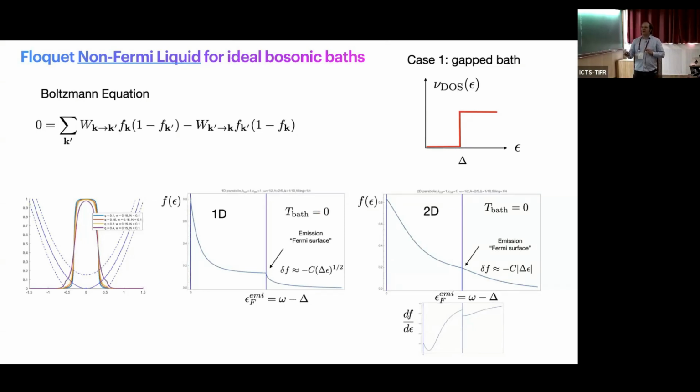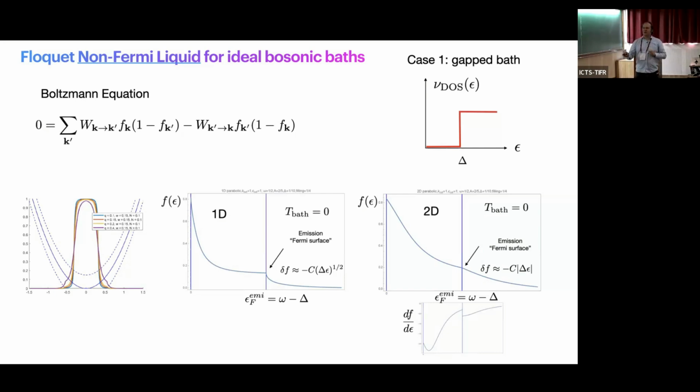So initially, let me take just a simple parabolic band. And it's important in this part of the story what the density of states is. So I'm going to first consider a case in which the bosonic bath is gapped. So it has a gap delta, and then the density of states of modes of the harmonic oscillators is just flat.